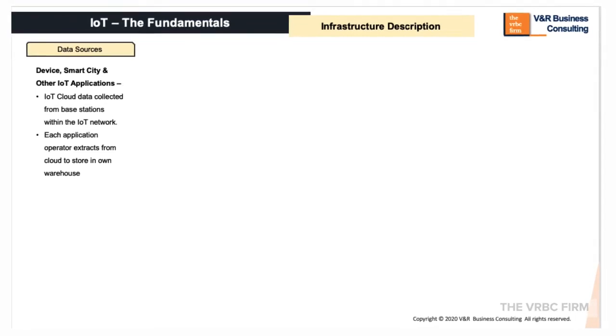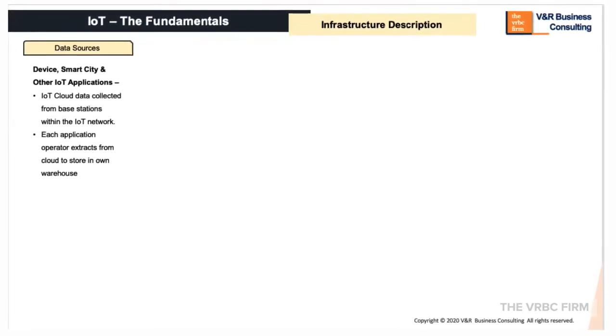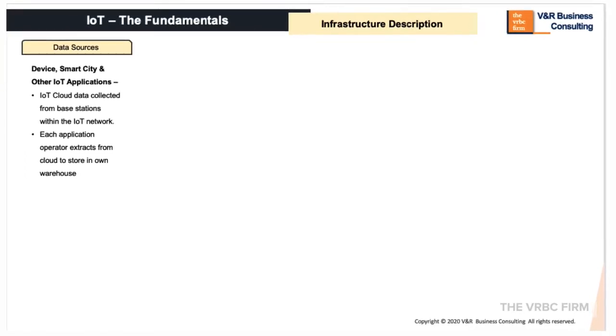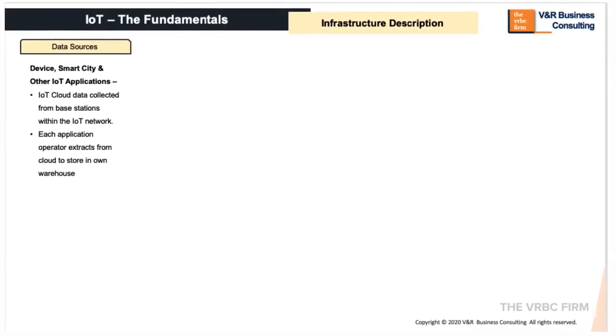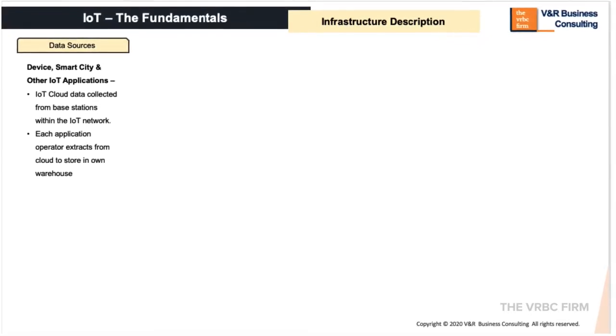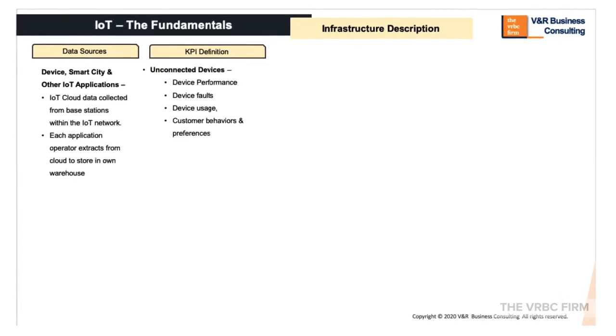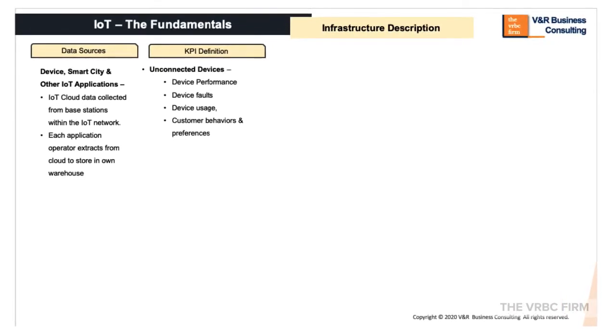Right, so the data is collected from the base stations into the cloud, then onto the object owner's storage. Then what? Well, the object owner would have structured KPIs they want to measure.